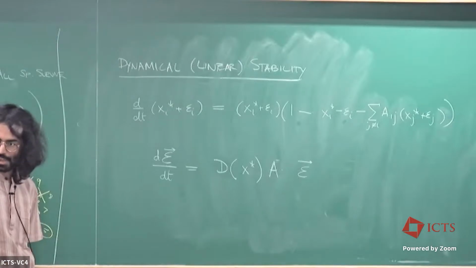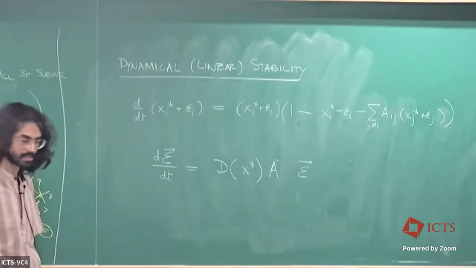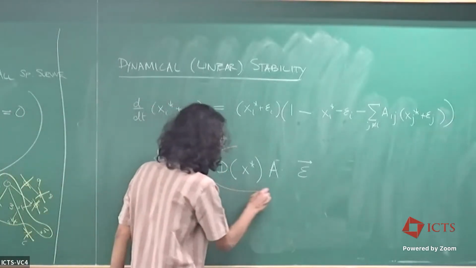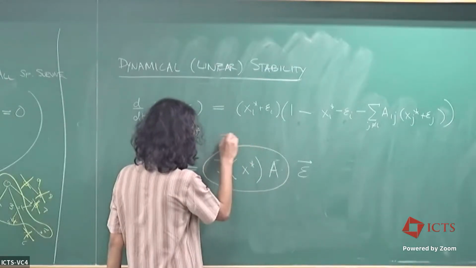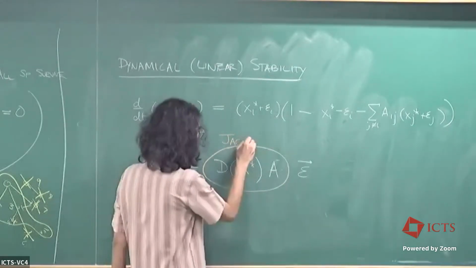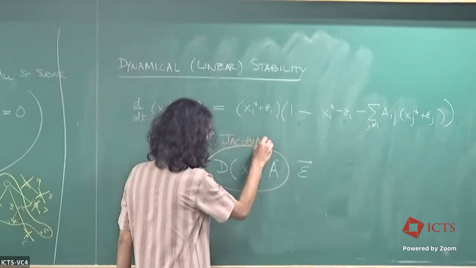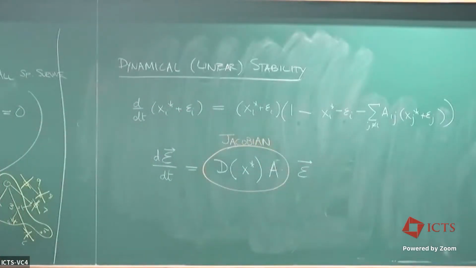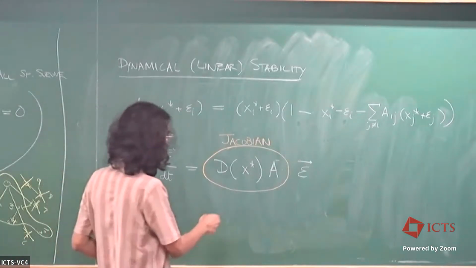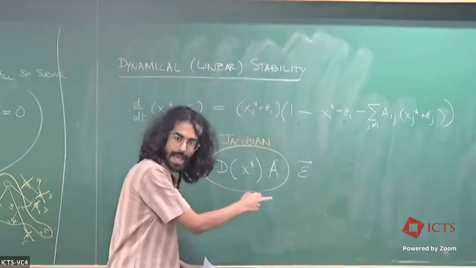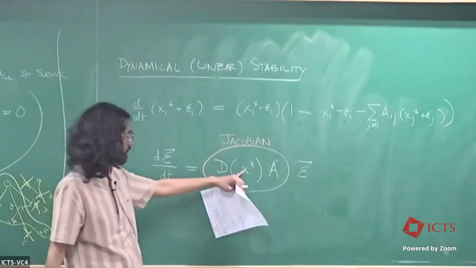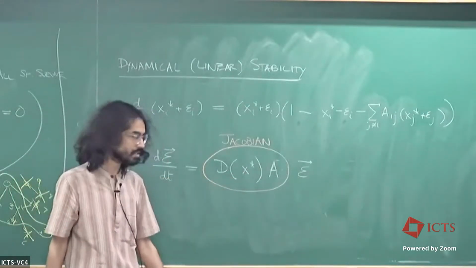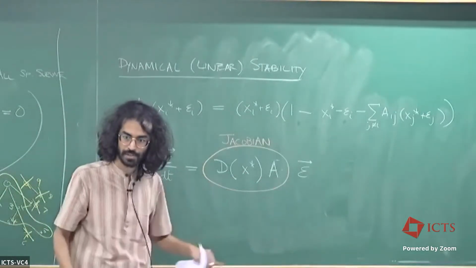This is a linear equation, the same way that we've been dealing with. This whole thing over here is our Jacobian. And it has two parts: one is this diagonal matrix with all these fixed point abundances, and the other is your interaction matrix.